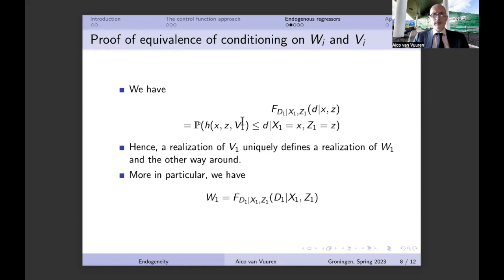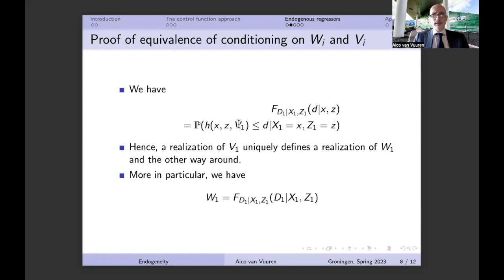Now we should realize that because we condition on x1 and z1, we have just deterministic numbers, so the only thing stochastic over here is v1. And then we have made the assumption that this function h is strictly increasing in its third argument, in this v1. That means that we can take inverses with respect to h at the left and right hand side.